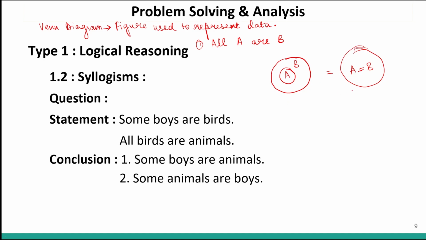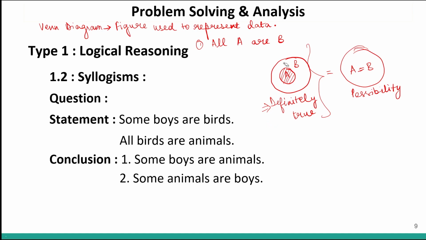This is a possibility, and this is definitely true. So all A are B basically means that A is a subset of B. So this is definitely true. Whenever we look at syllogisms, we look at definitely true.